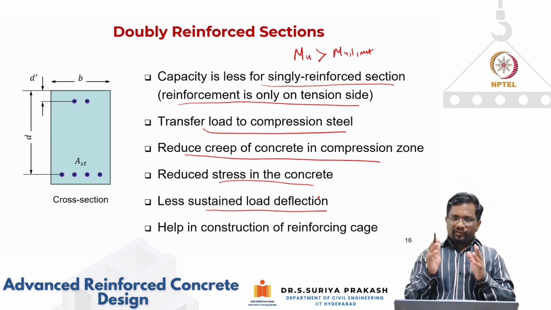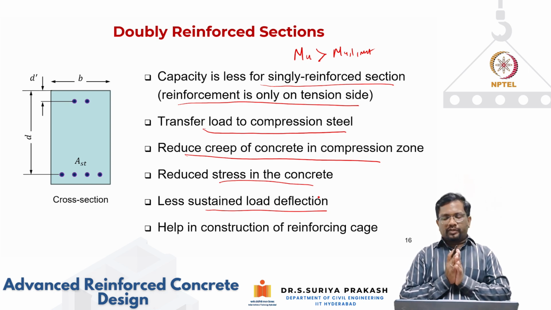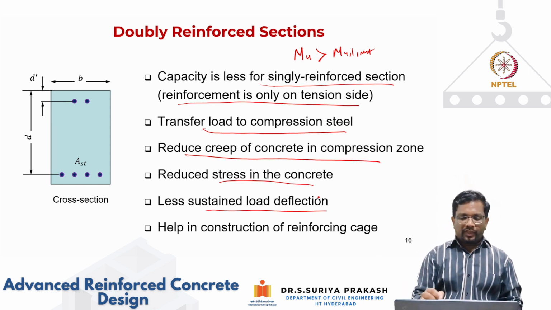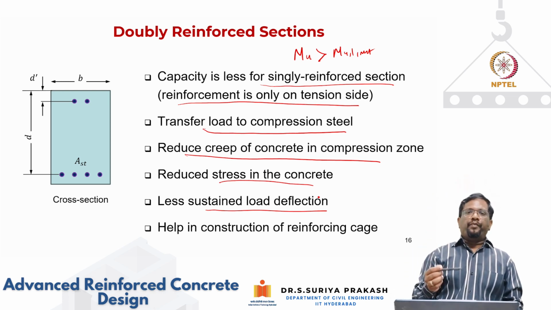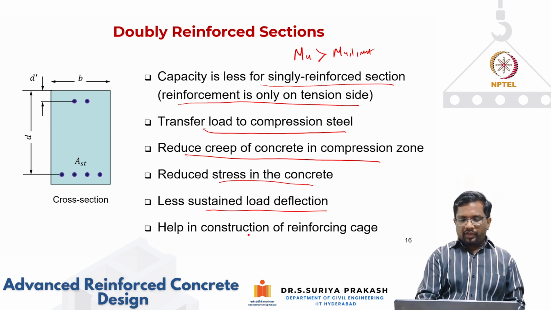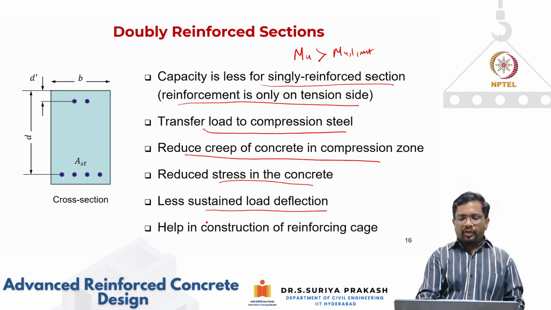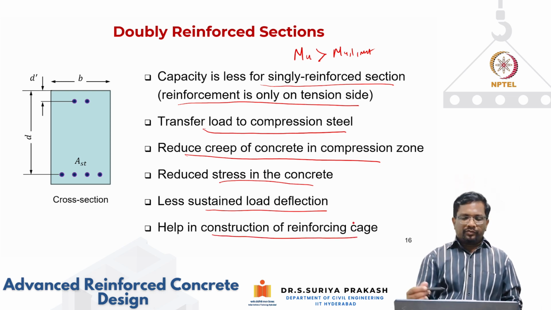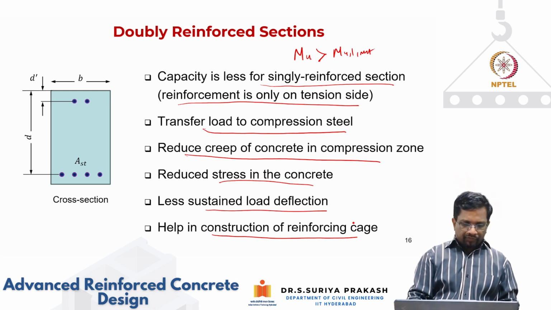So if you want to reduce your sustained load or long-term deflections, then we can go ahead and use compression steel that will help in reducing your long-term deflection. And sometimes you also put some minimum hanger bars at the top in the singly reinforced case. These are the scenarios in which we go for doubly reinforced section, and some of the advantages of going for doubly reinforced section.